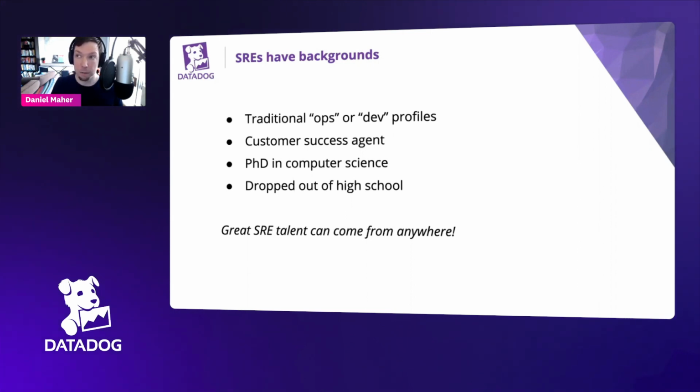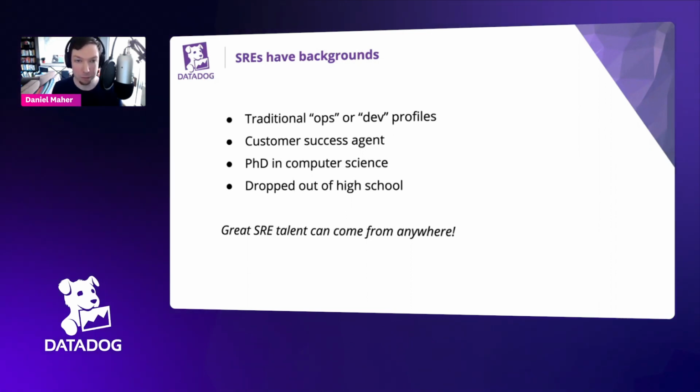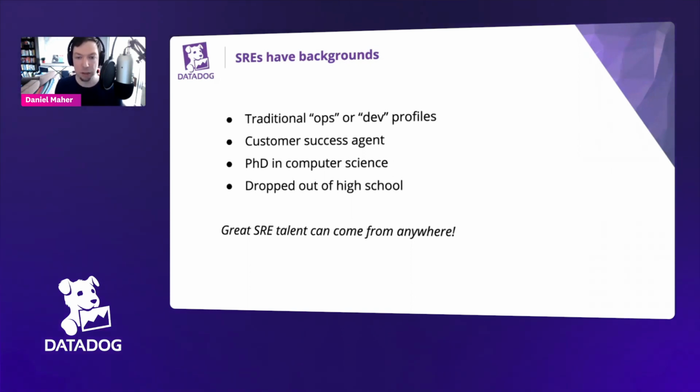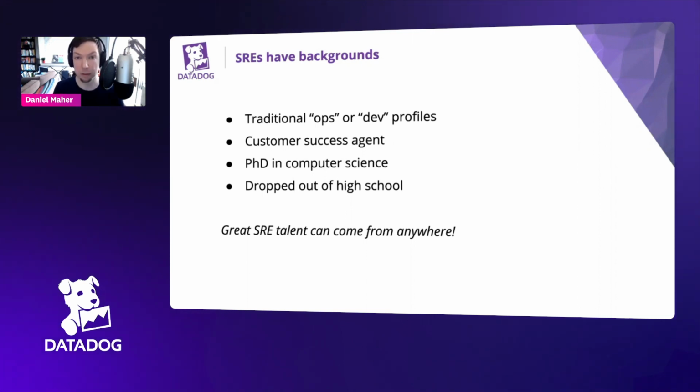Don't get too bogged down with the resume. Don't get too bogged down with, oh, this person did that, so they'll immediately be a good SRE. Really focus on those personality traits, and that's going to be the North Star when you're looking at how to build out your SRE team. And that's going to hold true for hiring, recruiting from the outside, as well as, and I think this is super important, nurturing from the inside, right?